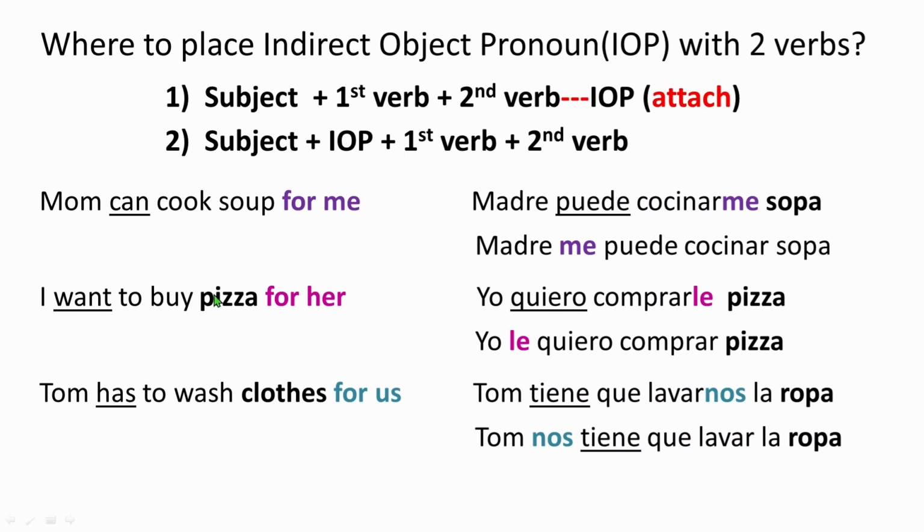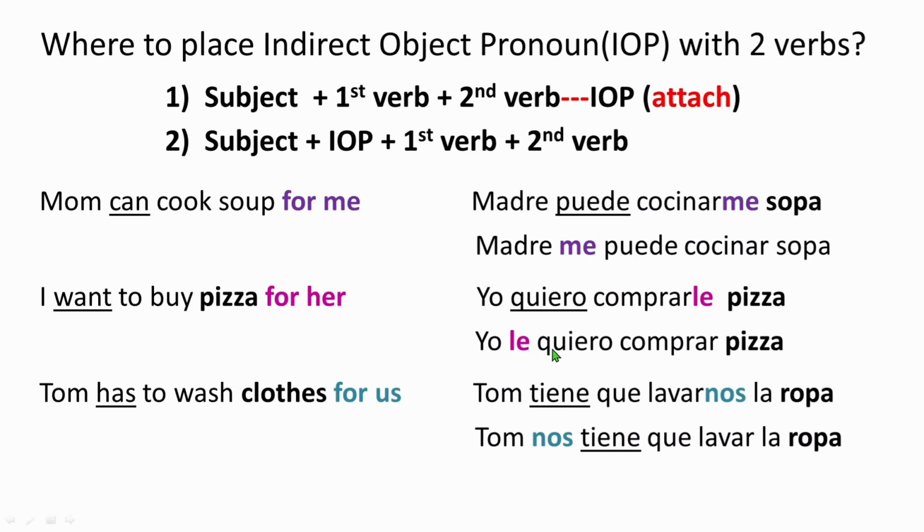And next we have, I want to buy pizza for her. Okay, so you say yo quiero. Quiero is want. Comprar is to buy. Yo quiero comprar, and we attach le: comprarle pizza. Perfect. Or you can say, yo le quiero comprar pizza. What I'm doing again is putting the indirect object before the first verb.